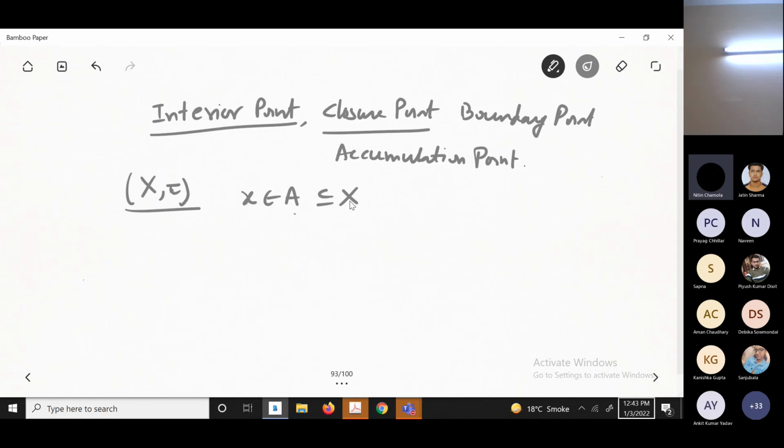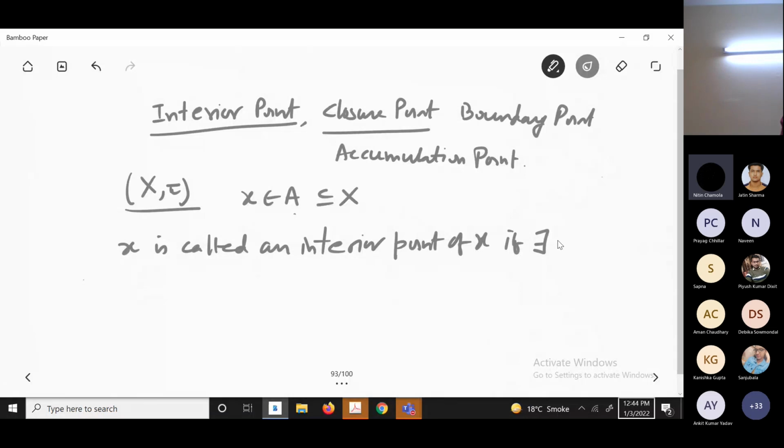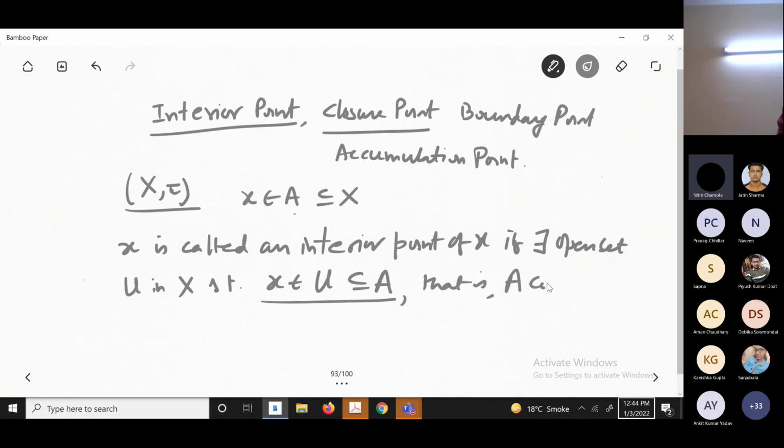Then x is called an interior point of A if there exists an open set U in (X, tau) such that, by the definition of neighborhood, A contains a neighborhood of x, that is, x is in U and A contains U. Why interior point?